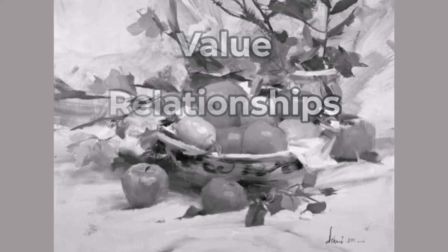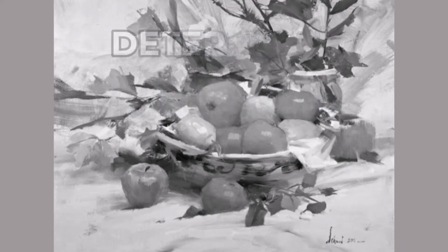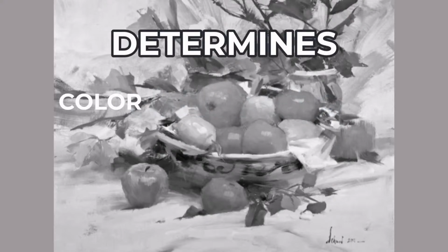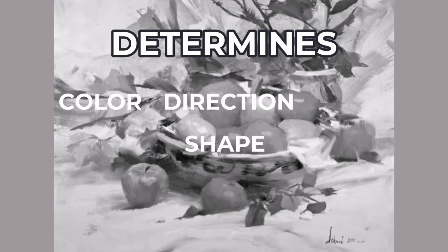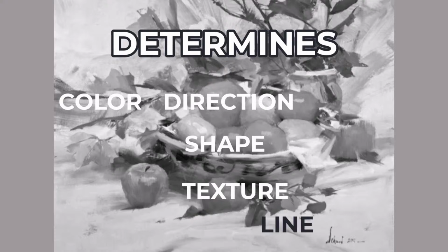How we use those relationships determines what our color does. It determines what our direction does. It determines how we see shape. It determines how we see texture. And it really determines how we see line. It determines how we describe our shapes, and how we compose our shapes to keep the viewer's eye in.